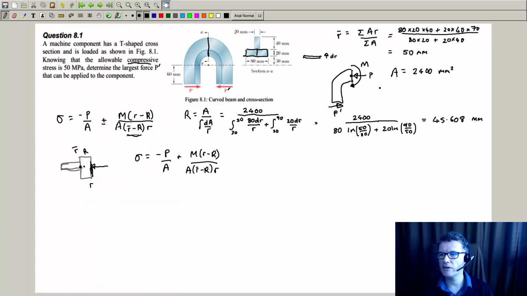It's behaving at the neutral axis. So coming back to this diagram here, where is that?